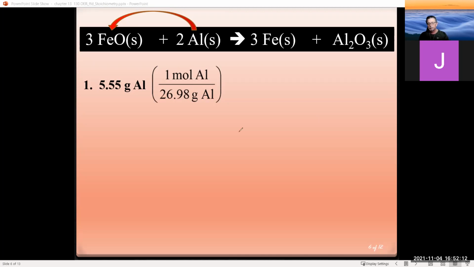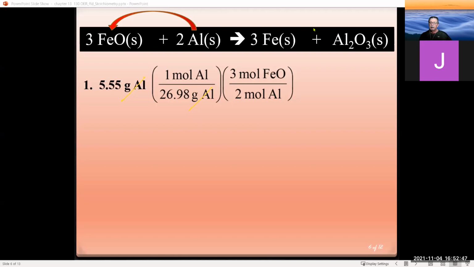As you set that up, look at your units, they're canceling out like you want them. At this stage, when we stop the calculation, we will have moles of aluminum, but we need to go to grams of iron 2 oxide. Now I rely on the stoichiometric relationship from the balanced chemical reaction between the iron 2 oxide and aluminum, and that ratio is 3:2.